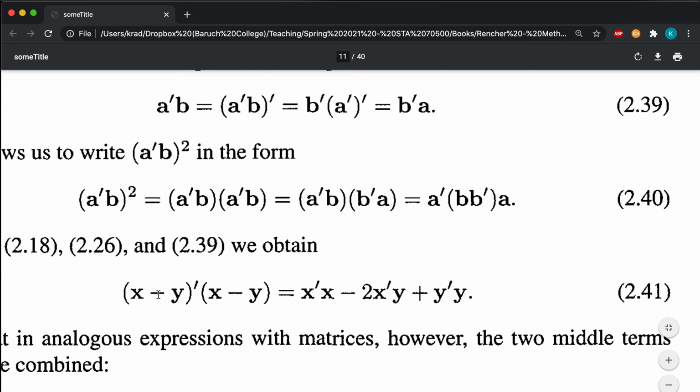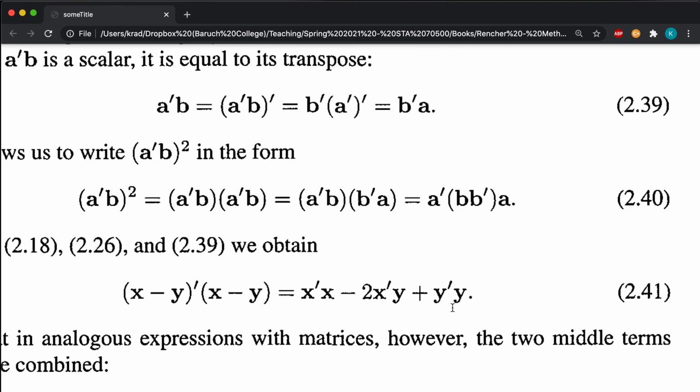And then we have negative Y transpose negative Y, so it's Y transpose Y. So the square of the length of the difference of X and Y is the square of the length of X plus the square of the length of Y minus 2 times the inner product of X and Y. There is a geometric interpretation that we will discuss later.